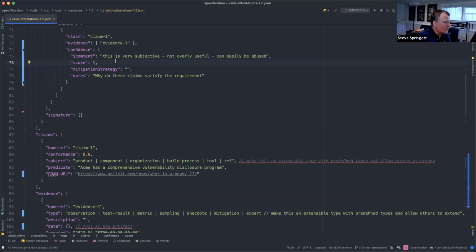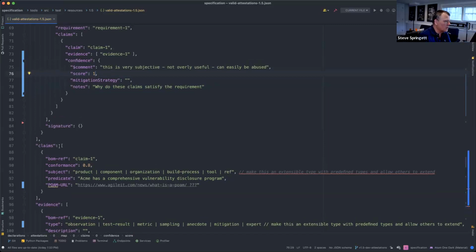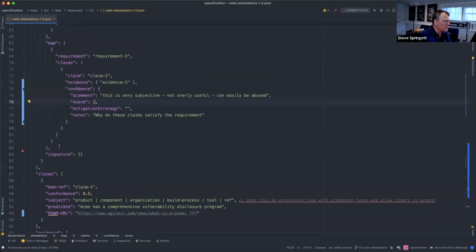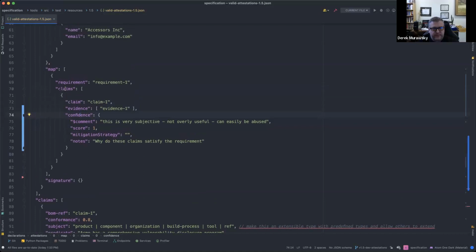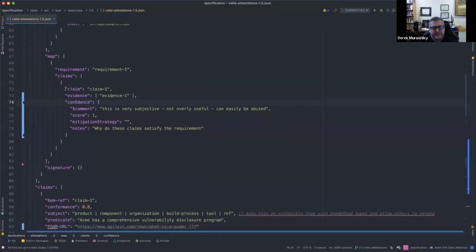Well, again, I copied it basically verbatim. I think it's better up in the attestation than down in the claim. So here, where you have it on line 76, I think is the better place for it.